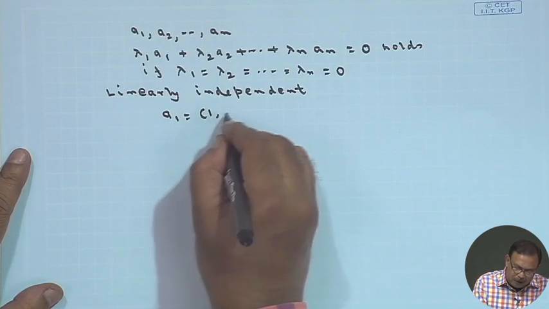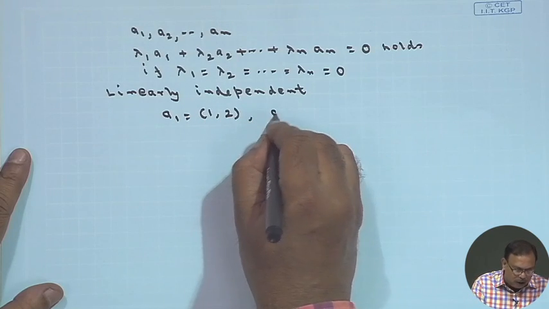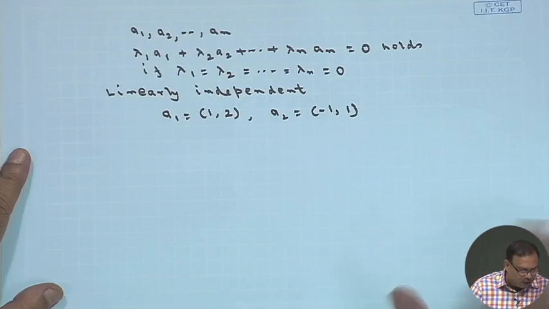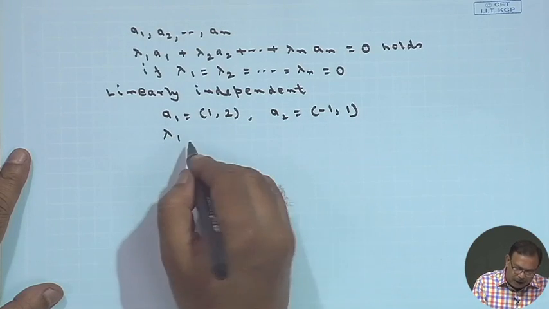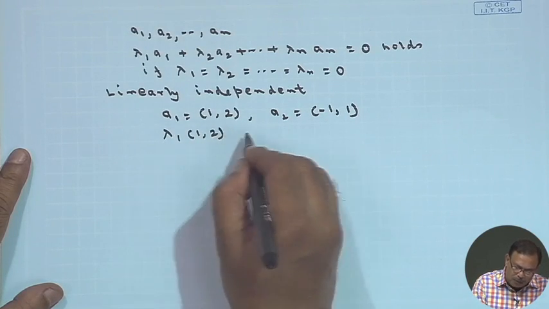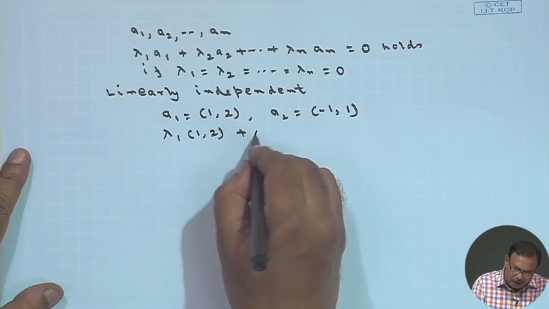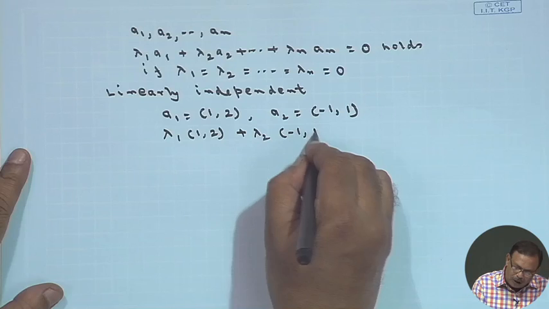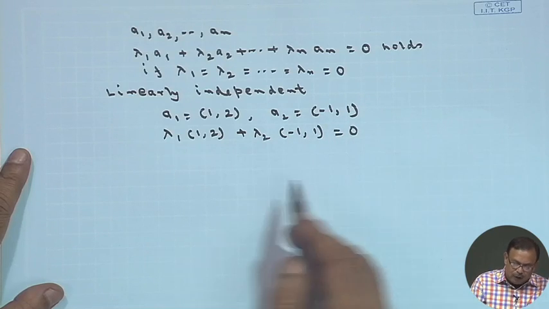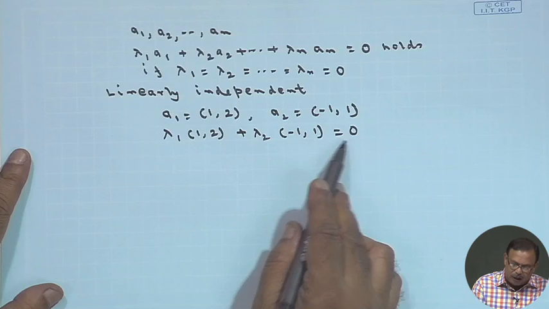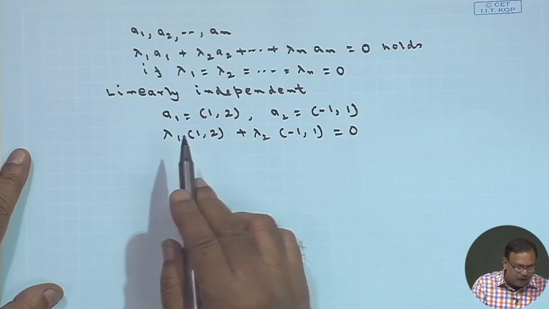For example, if I take A1 equals (1, 2), A2 equals (minus 1, 1), and consider lambda 1 into (1, 2) plus lambda 2 into (minus 1, 1), can you find non-zero values of lambda 1 and lambda 2 for which this will vanish?